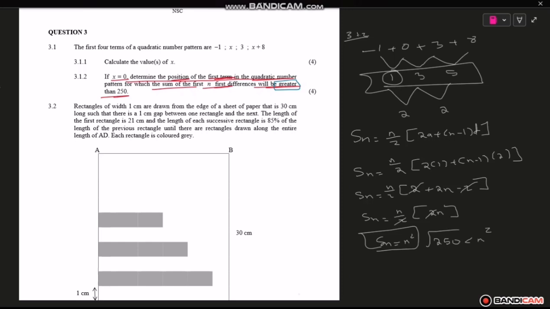When you solve for n, square root both sides, then you're going to have your n as what? Let me try to use my calculator right here. So n will be actually greater than 15.8.